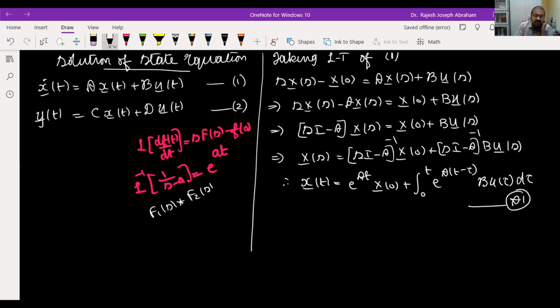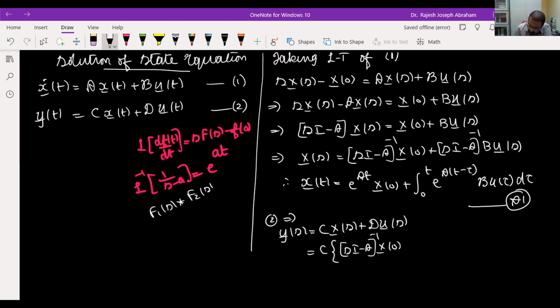Now coming to equation 2, take the Laplace transform. What will you get? Y of s is equal to C into x of s plus D into u of s. Instead of x of s, I will substitute from the earlier equation. So I get C into (sI minus A) inverse x naught plus (sI minus A) inverse B u of s, plus D u of s.